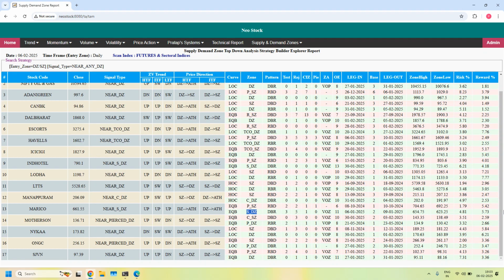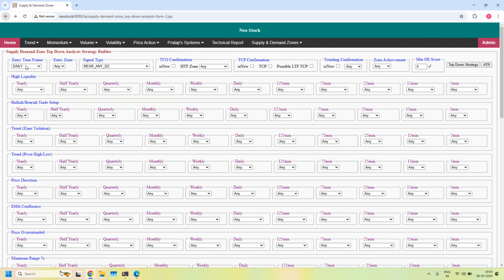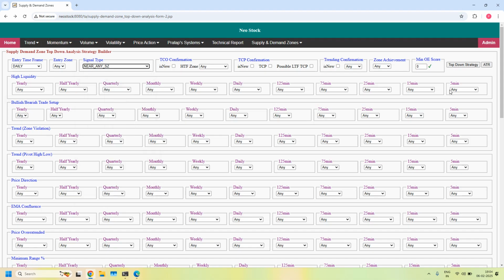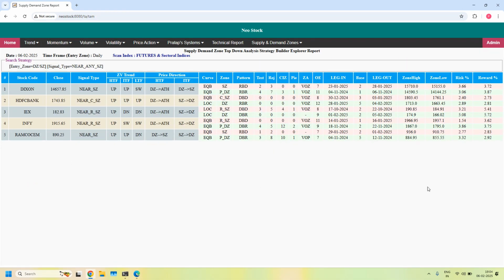The high priority, high liquidity daily demand zones. They should be used for our HLQ zone strategy learned in lesson 21.3. Okay, next. For daily time frame, let us find the stocks near daily supply zone. We got 5 stocks. Let us identify high liquidity daily supply zones from this list.